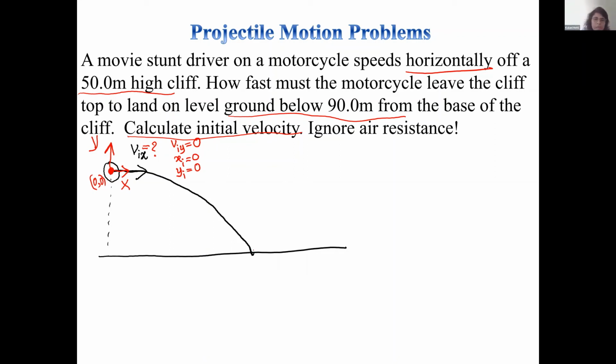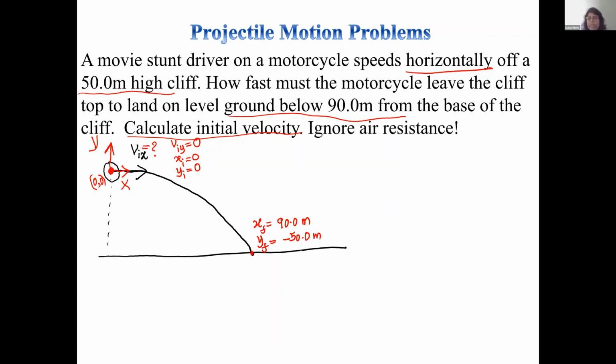Now this is where my final position is. X final is given, it is 90 meters, a positive value. And y final is a negative value because my origin is on the top.